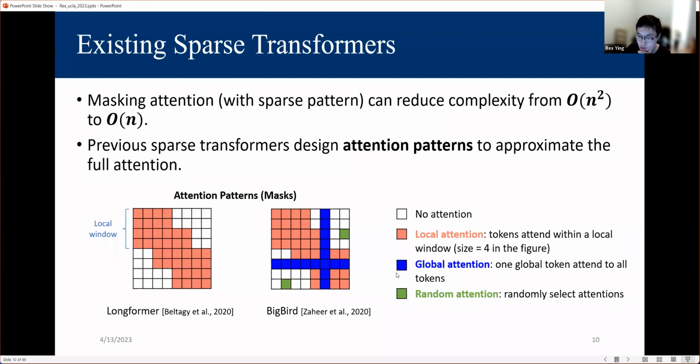And there is also global attention, which means we have a single word that can be particularly important and serve as a hub. So everyone basically pays attention to it, and it pays attention to everything, right? So as a global token that was also added in BigBird, and then at the end, BigBird also added a bunch of these random attention tokens, right? So those green parts here.